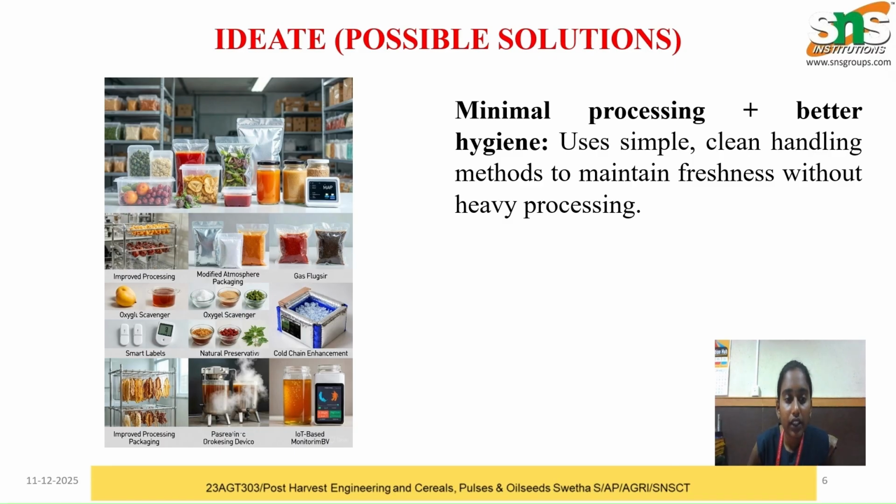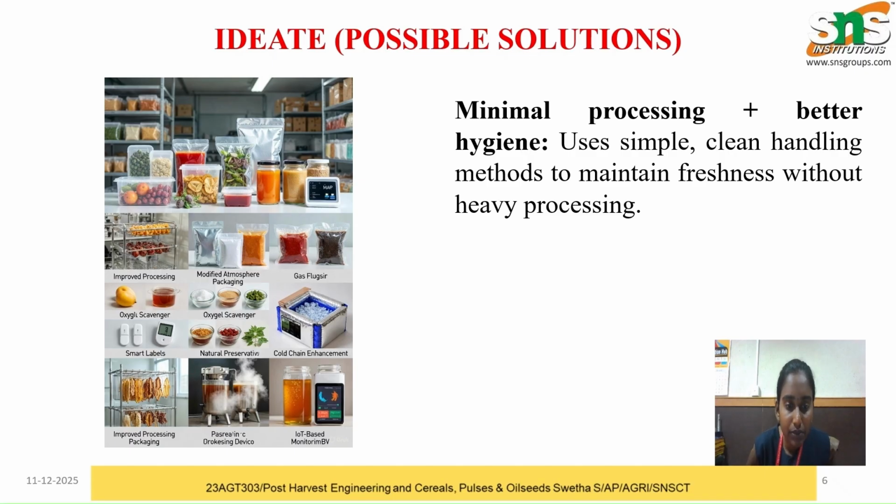Ideate. In this picture, minimal processing and better hygiene is nowadays a tagline used by many processors. They want a simple, neat processing unit with clean handling methods to maintain freshness without heavy processing.